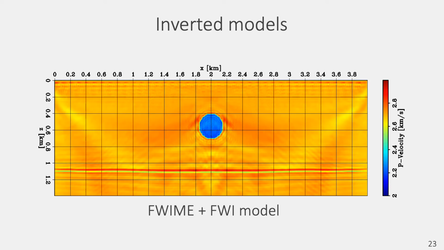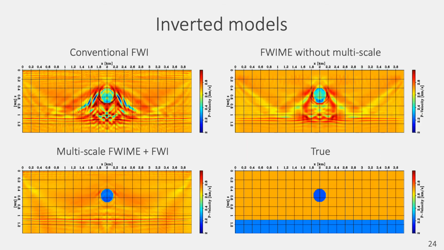We can further improve the result by using the FWIME inverted model as initial guess for a conventional FWI. And as we explained in the theory and design part, this is mathematically equivalent to adjusting our trade-off parameter epsilon to very high values, and the result is displayed on this figure. This is a recap of the various results obtained for this numerical example.